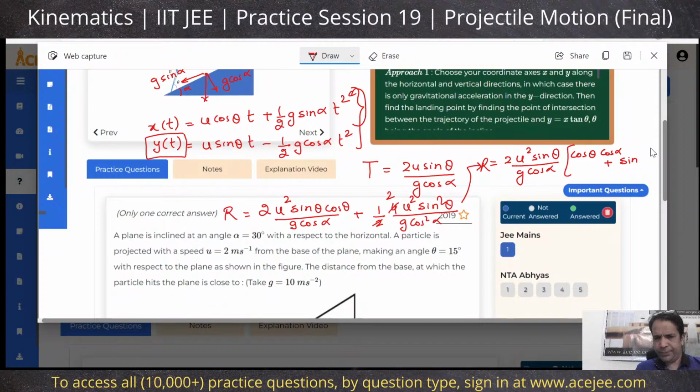In any case, 2u square sine theta was taken out, and we were left with cos theta plus sine square theta upon cos alpha.